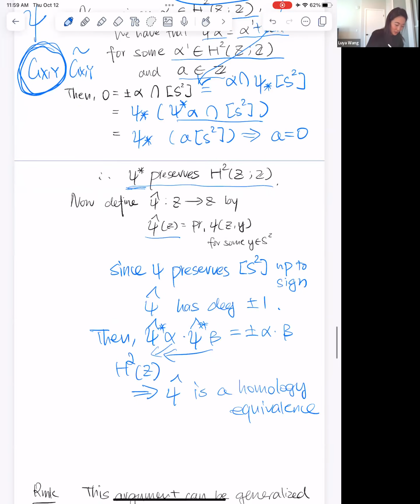Okay, so this shows us that psi is in G of Z, S2, and then by the sufficient condition above, we're done. We have that the six-manifolds, with the stabilized symplectic structures, are non-deformation equivalent.